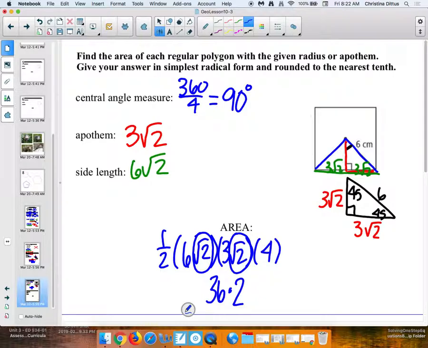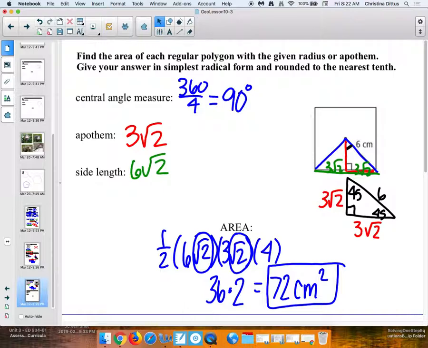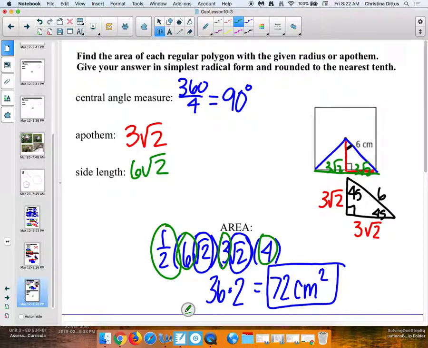So this one you can simplify all the way down to 72 centimeters squared. So it'd be 36 times 2, because 36 is half times 6 times 3 times 4. That's what the 36 is. And the square root of 2 times square root of 2 is 2. So because you have two square roots, you can multiply those and they cancel each other out.